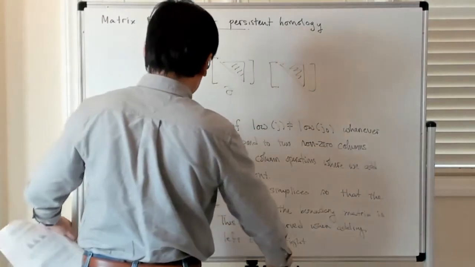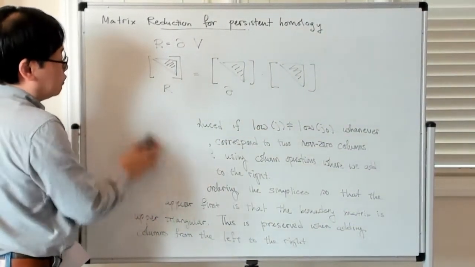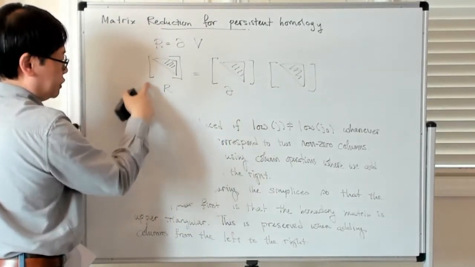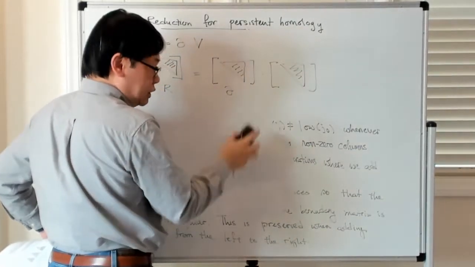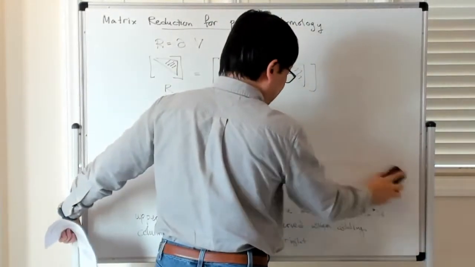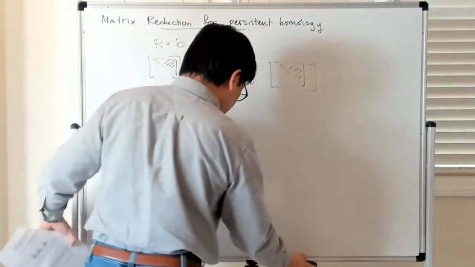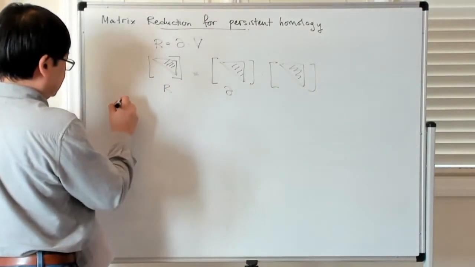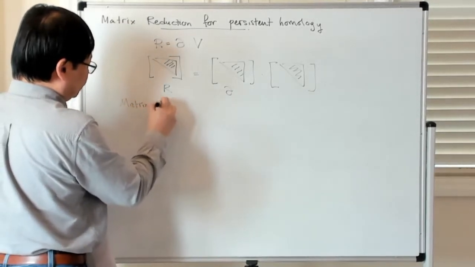Let's discuss the algorithm for taking the boundary matrix and giving you this reduced matrix which satisfies that condition on the lowest one in the column. Let me give you the matrix reduction algorithm.